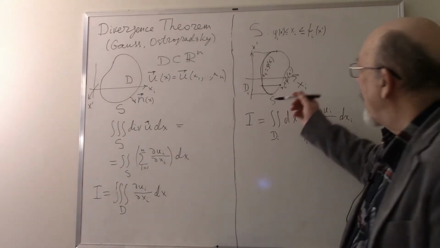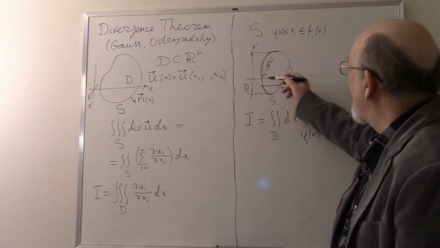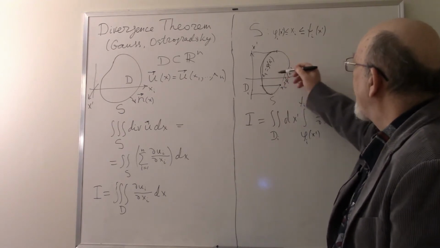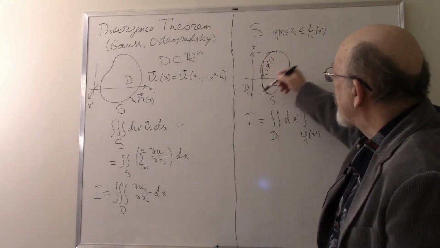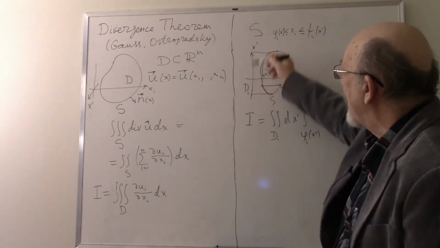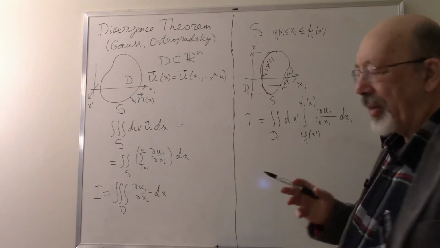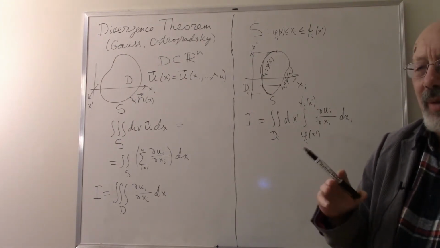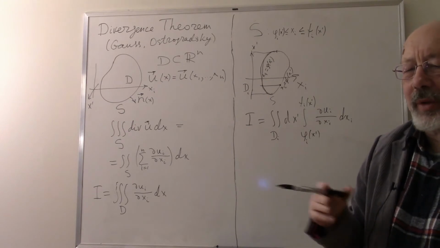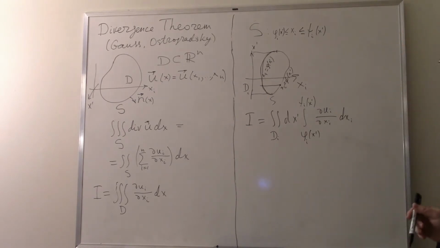So we integrate first along these segments, and then we integrate the results over the projection of the domain on the plane spanned by all coordinate axes but the excluded xi axis.